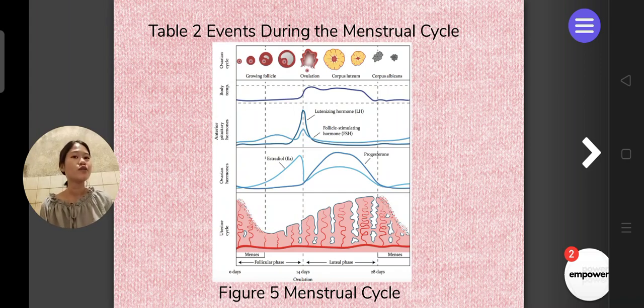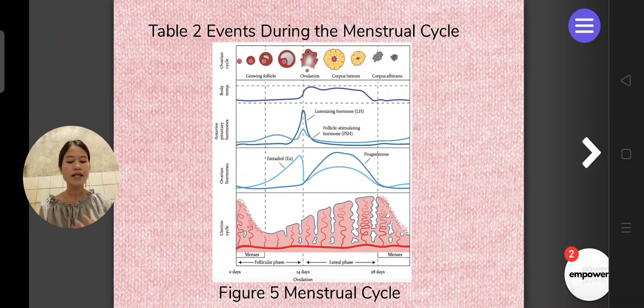So, allow me to read the definition of menstrual cycle. Menstrual cycle refers to the series of changes that occur in sexually mature, non-pregnant females, and that culminate in menses. Menses is a period of mild hemorrhage during which part of the endometrium is sloughed and is expelled from the uterus.